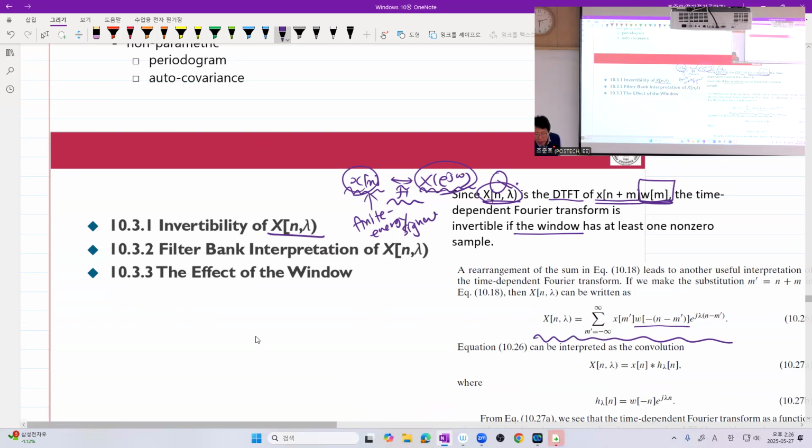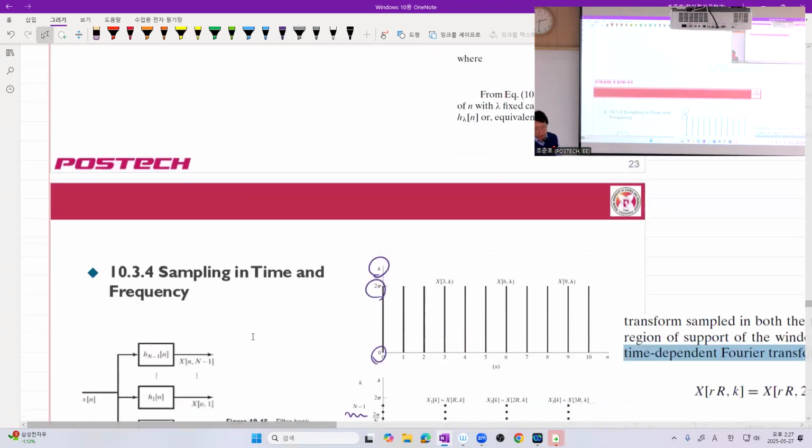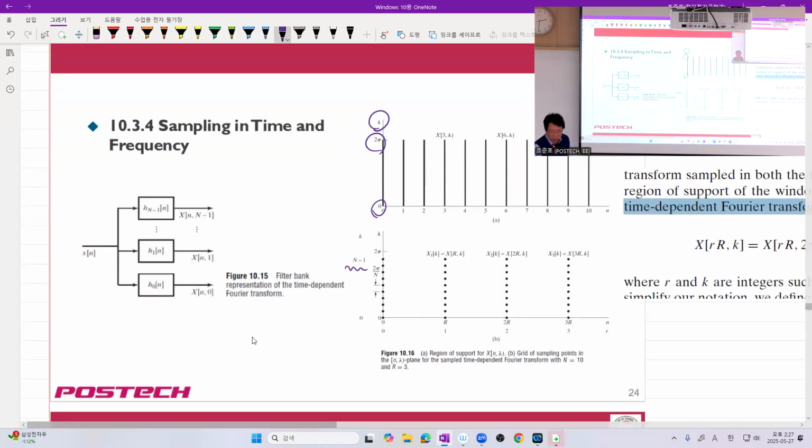If W is time limited, and if we choose to evaluate the DTFT at 2 pi divided by N times some k, then this computation of the DTFT is replaced by the DFT. So we want to use the DFT. In that case, we are not evaluating every lambda, but we are evaluating on capital N points.